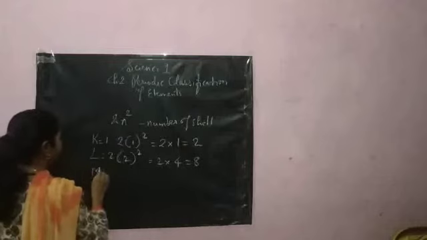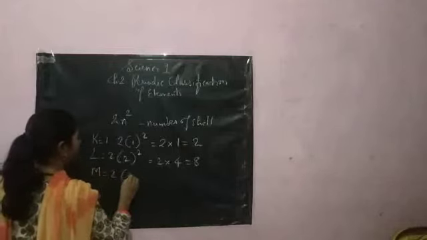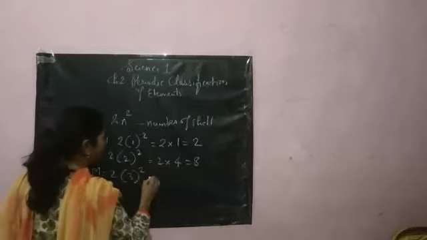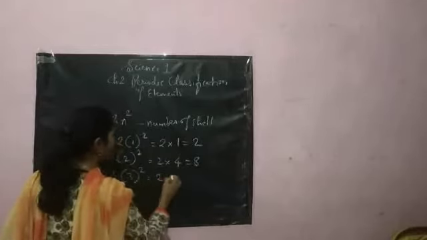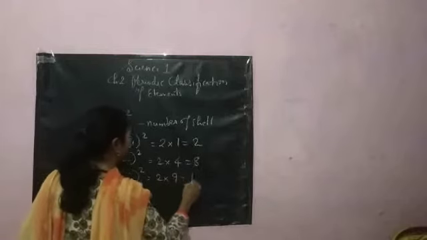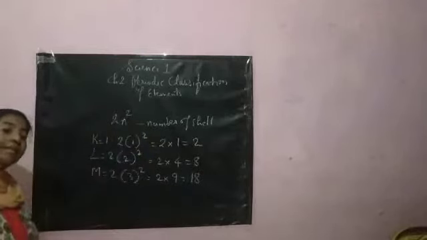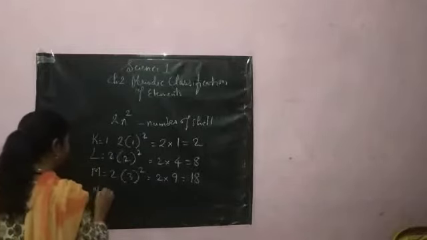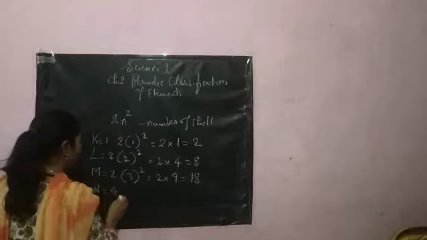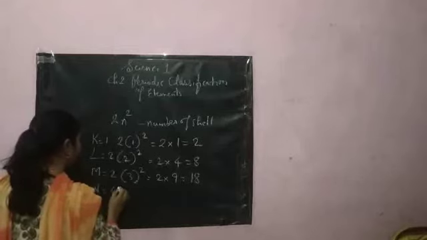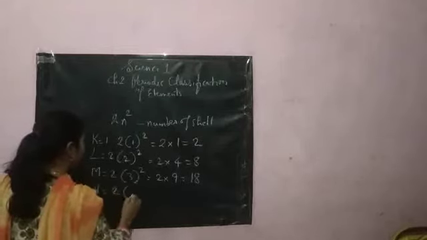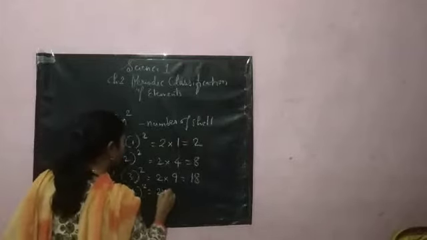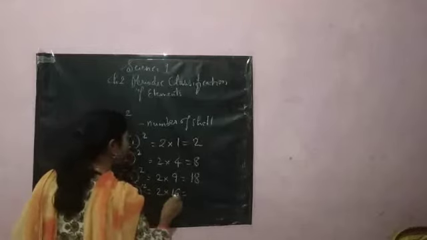Then comes M. M is the third shell. So 2 into 3 square, that means 2 into 9, is 18. That means maximum 18 electrons can be fitted into the third shell, that is the M shell. Then N. N is the fourth shell. So 2 into 4 square is 2 into 16, and 2 into 16 is 32.